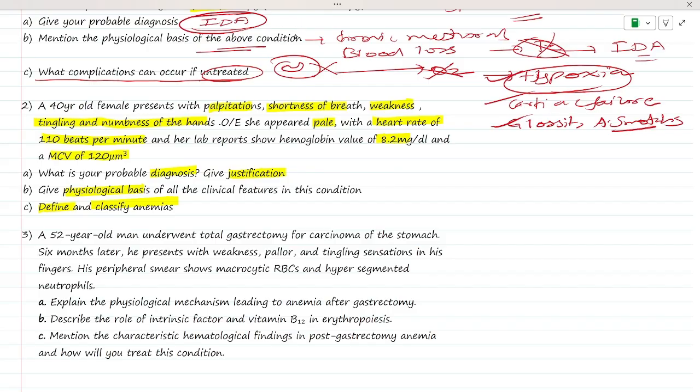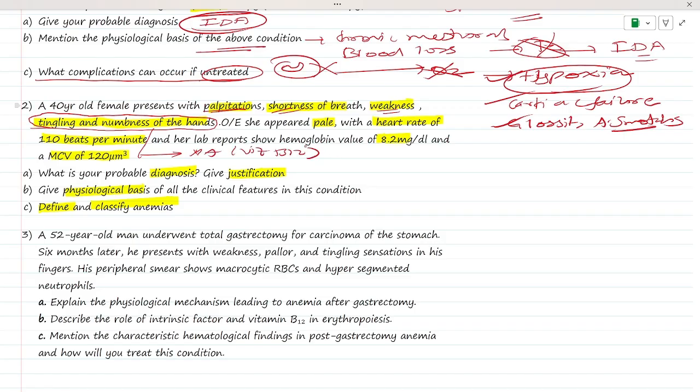First, we look at the symptoms. Palpitation, shortness of breath and weakness are common symptoms. But tingling and numbness of hands is a neurological symptom. If a neurological symptom appears in the question, go straight for megaloblastic anemia due to vitamin B12 deficiency.